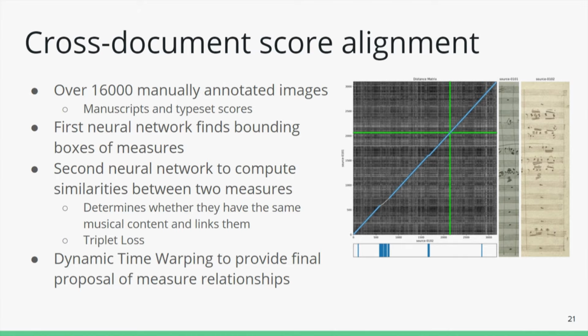And on the right, you can see the user interface of the system. This big black blob, I could say, is a matrix where each row and column corresponds to one measure. And the blue diagonal line is the correspondence. Ideally, you will have a one-to-one correspondence between the measures of different editions.